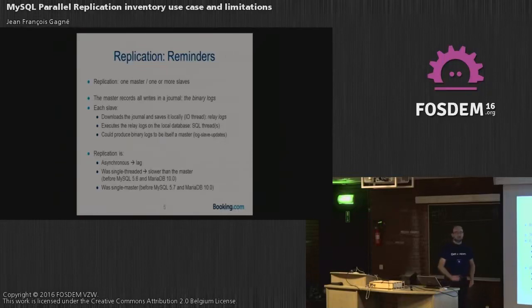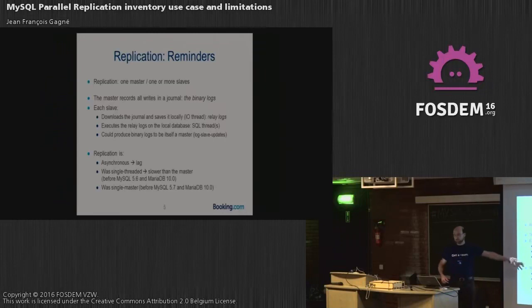And replication, a quick summary, because it was already discussed today by Renee. Replication: one master, many slaves. The master has the binary log, the journal of all the transactions. The slave downloads the binary log and stores that in the relay log. This is the job of the IO thread. And we have the SQL thread that is applying the binary log to the local database.